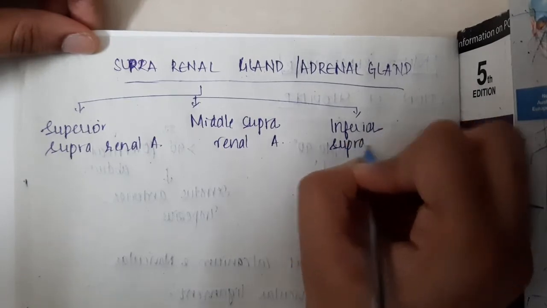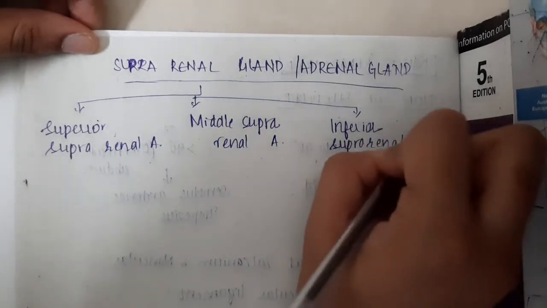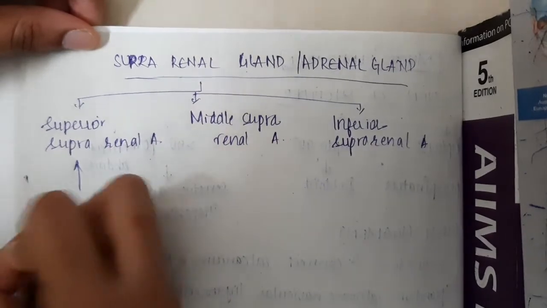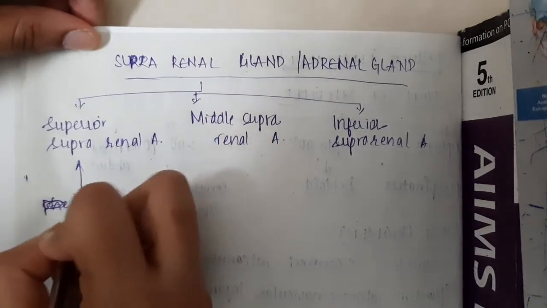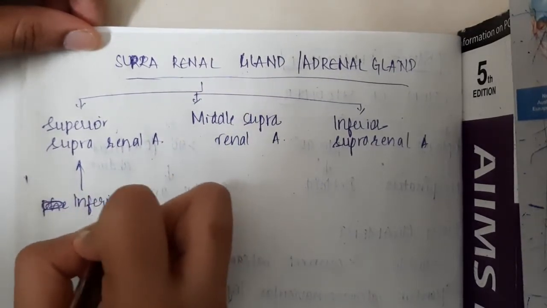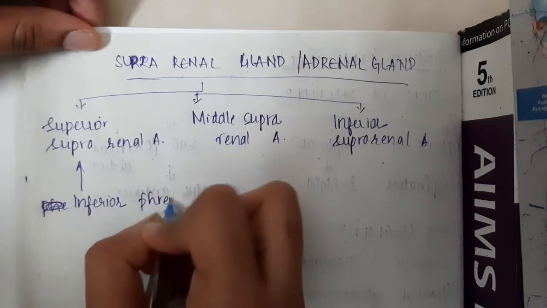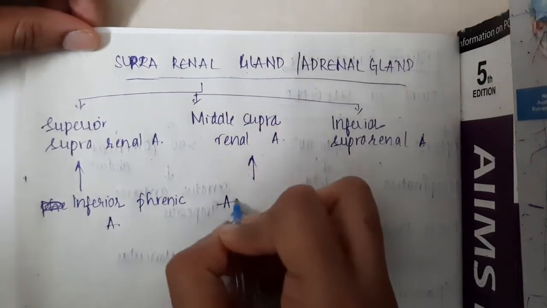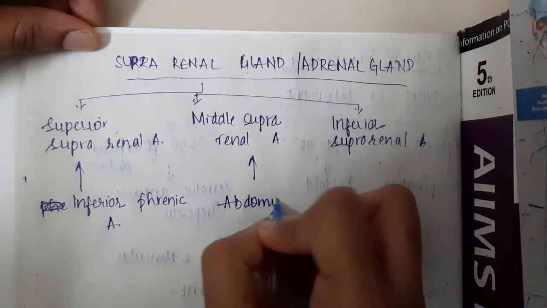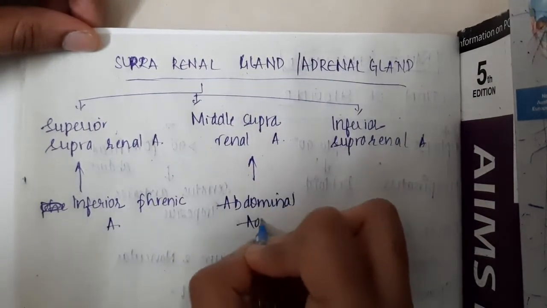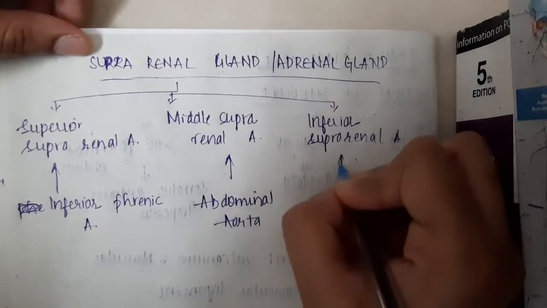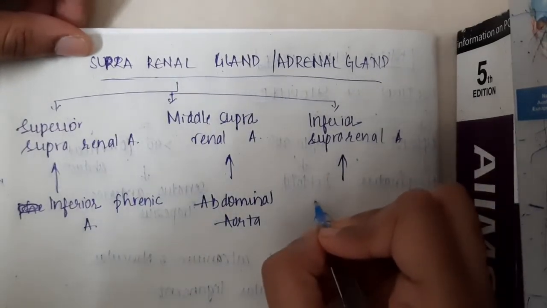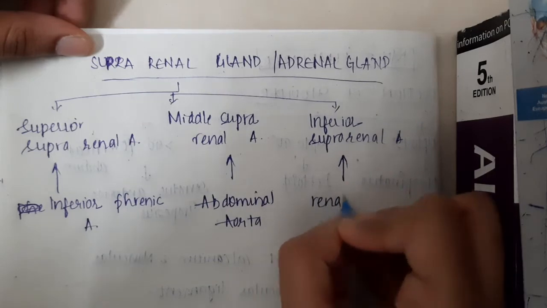The superior suprarenal artery is a branch of the inferior phrenic artery. The middle suprarenal artery is from the abdominal aorta, whereas the inferior suprarenal artery is a branch of the renal artery.